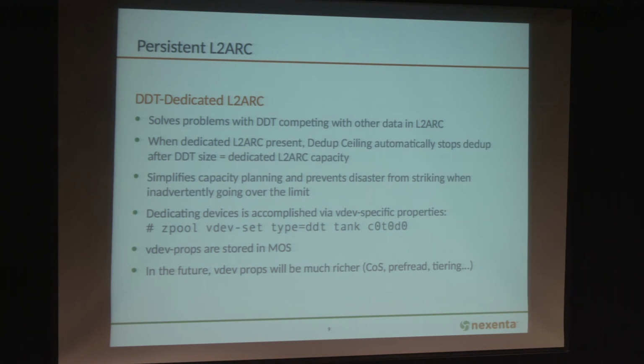The properties themselves are stored in the MOS, the aforementioned meta object set. So it's just a ZAP directory that is linked to a particular device. They're not stored in VDEV labels or anything like that. In the future, we're working on extending the usefulness of these properties. It's not just for this one gimmick.